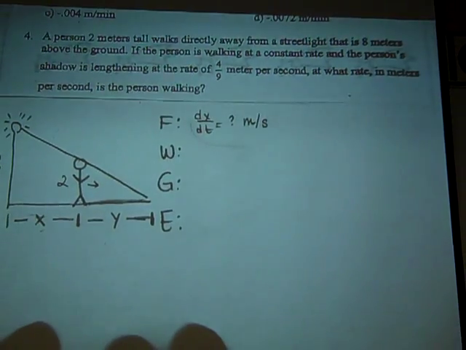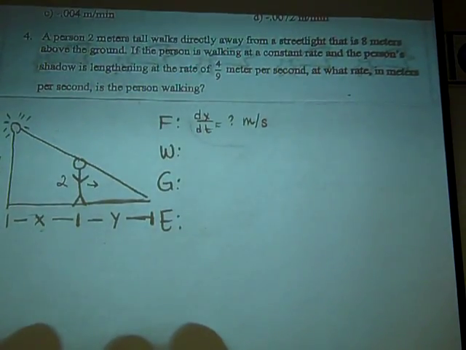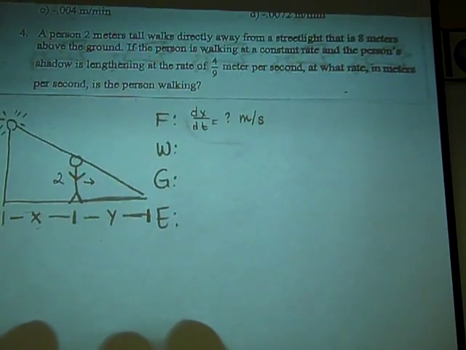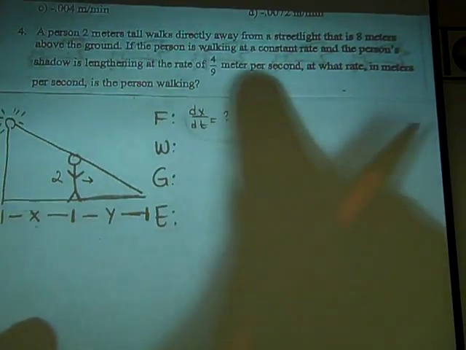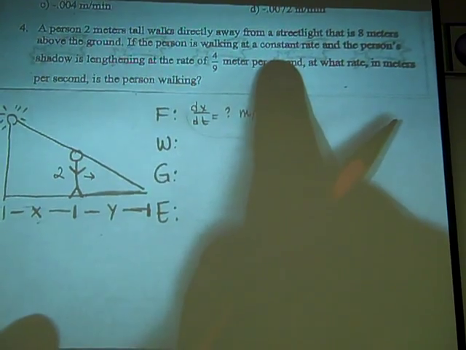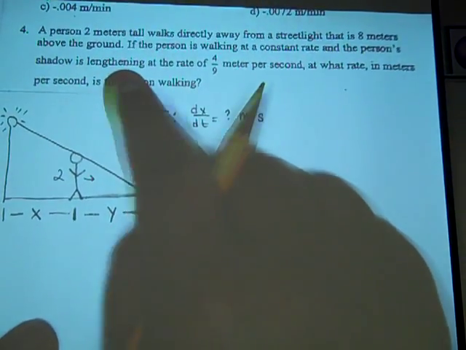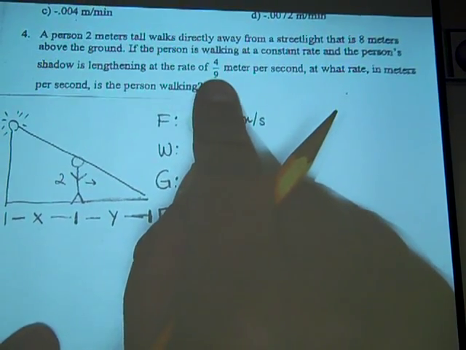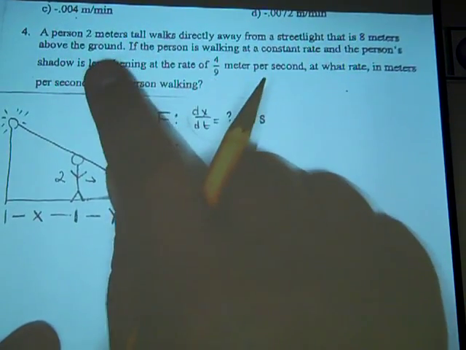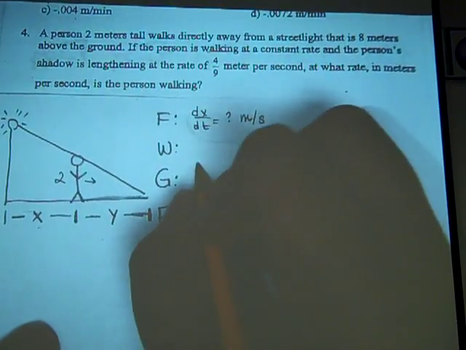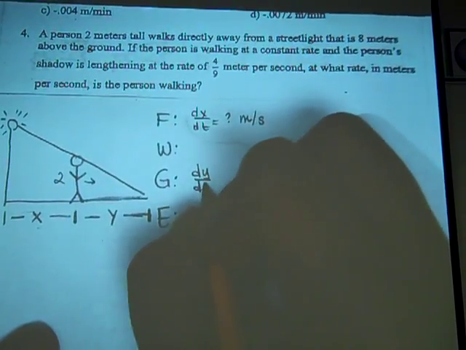What else do we have? The person is walking at a constant rate, and the person's shadow is lengthening at a rate of 4/9 meters per second. What are we going to call that? That's dy/dt. Is that positive or negative?